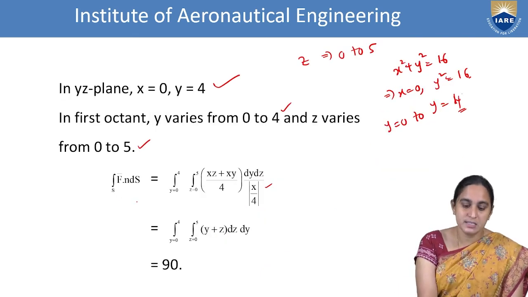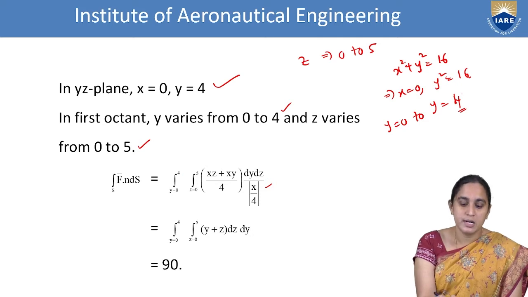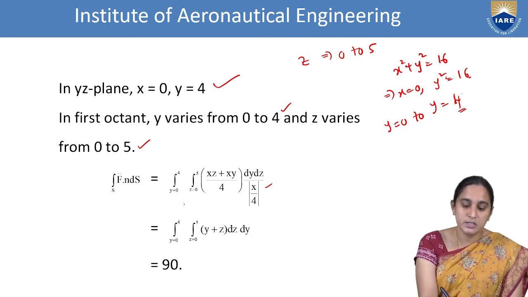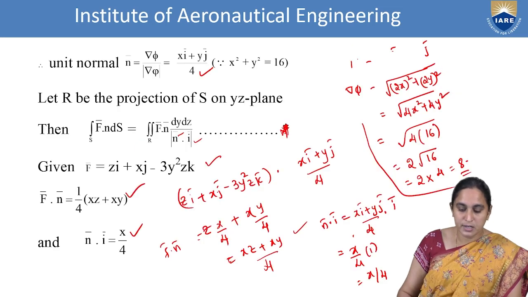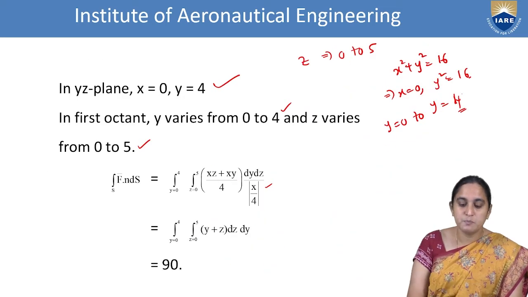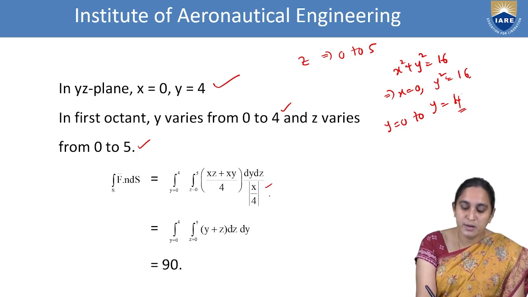Therefore, the integral of F bar dot n bar dS is equal to, the y limit points are 0 to 4, and the z limit points are z is equal to 0 to 5. And what about F bar dot n bar? That is (xz plus xy by 4) into dy dz by the modulus of n bar dot i bar.